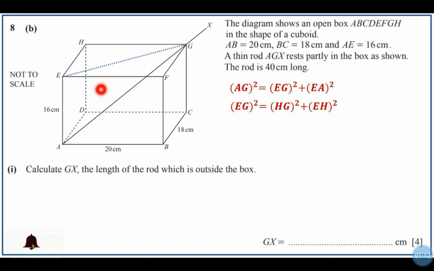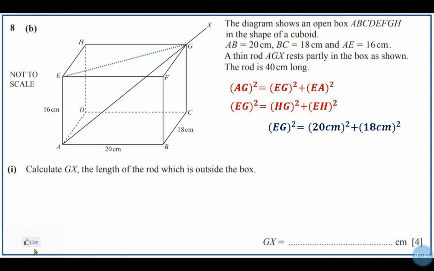We have a right triangle here, so I have to know what HG is. HG is the same as the length, so it's 20. EH is the same as 18 centimeter. So we can find EG by EG squared is equal to 20 squared plus 18 squared.